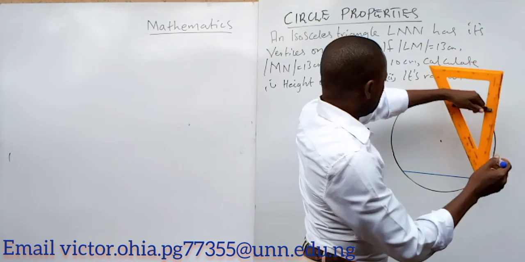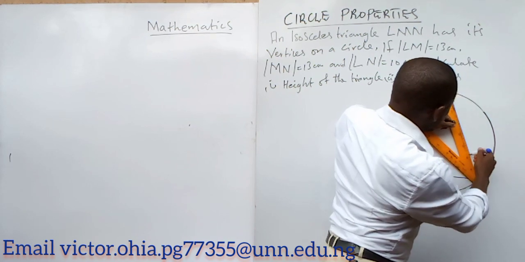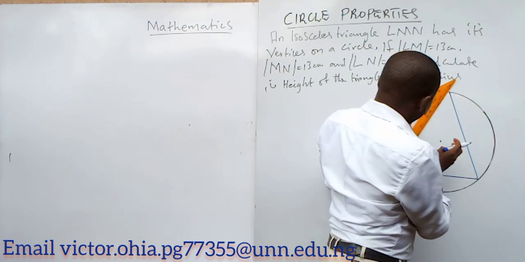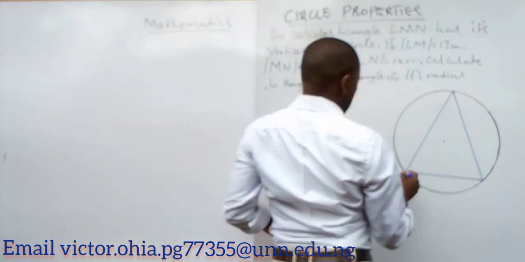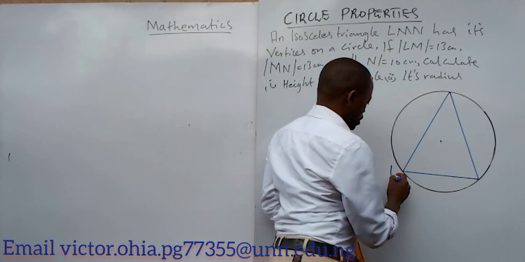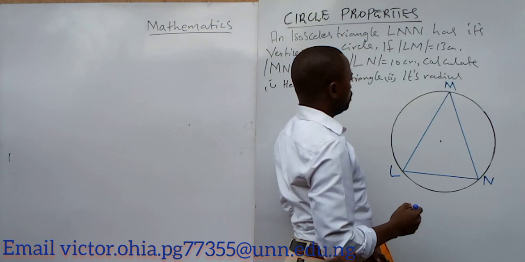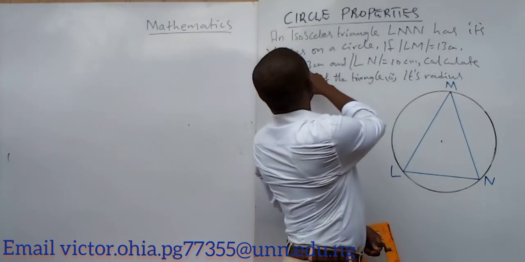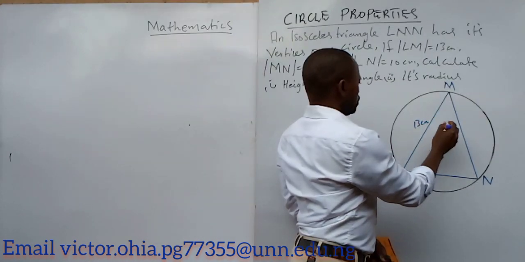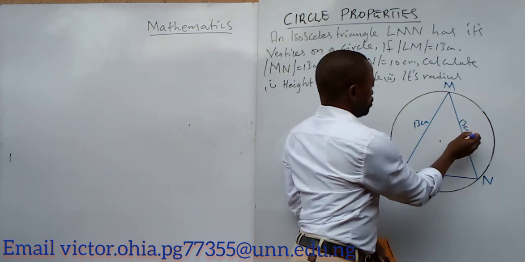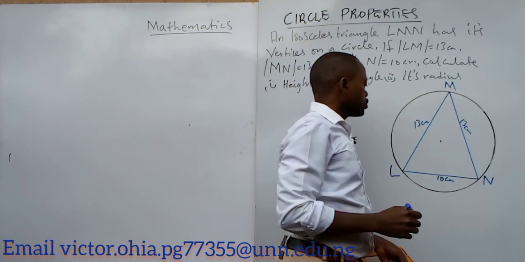So if I draw this triangle, the labeling is L, M, N. According to the information, LM is 13 cm, this side too is 13 cm, and here is 10 cm.